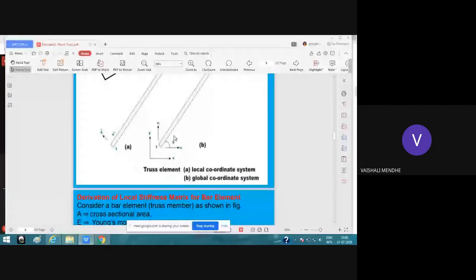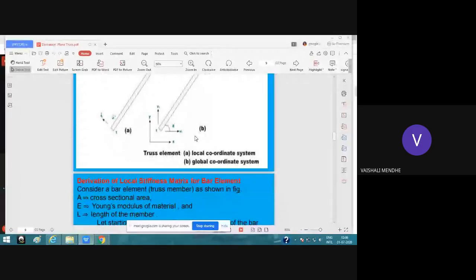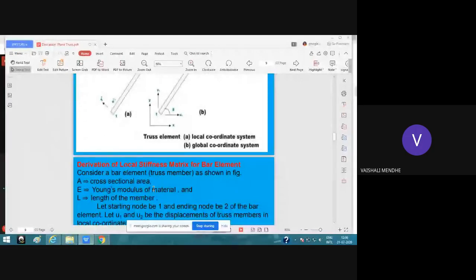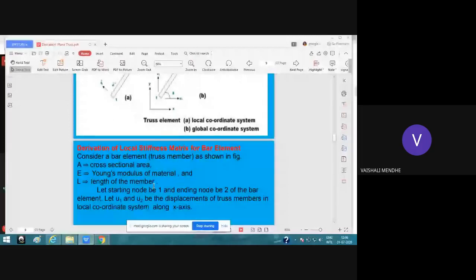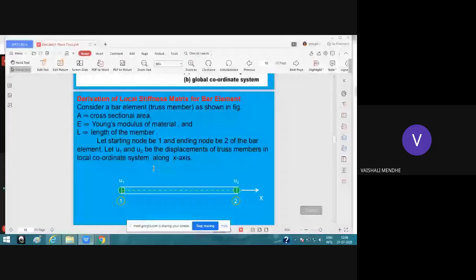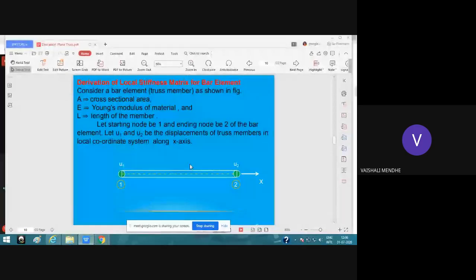Also, with the use of these derivations, it will be clear what exactly the local coordinate system and the global coordinate system are. First, we will see this derivation, because without it we cannot analyze the truss.